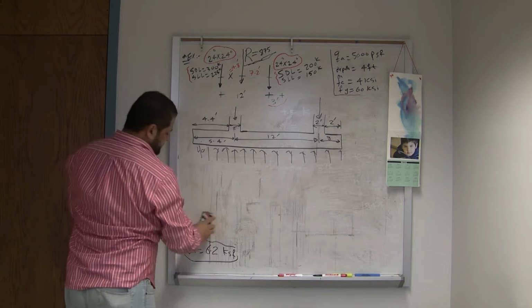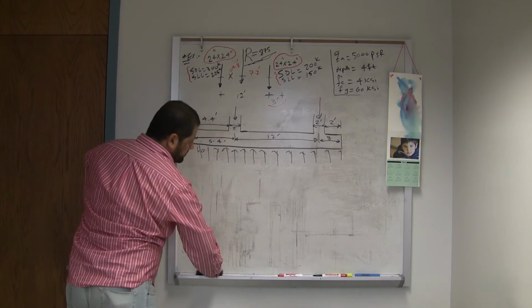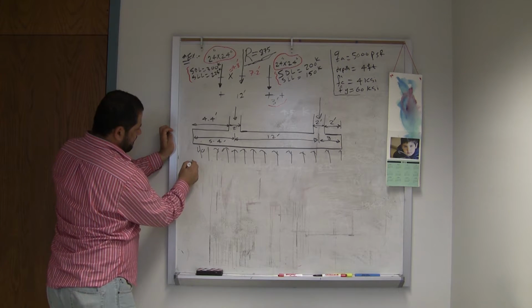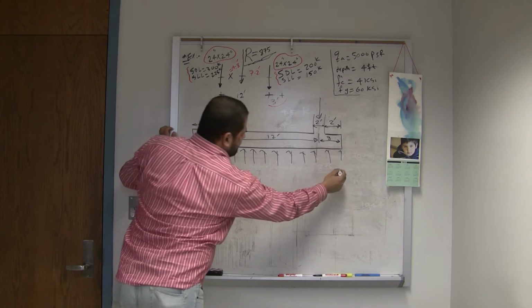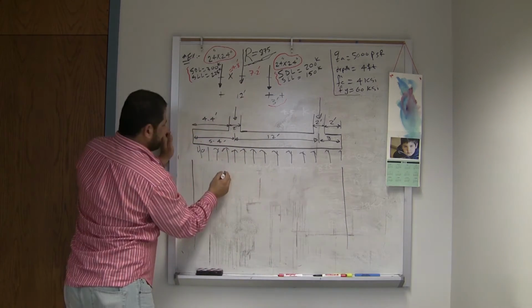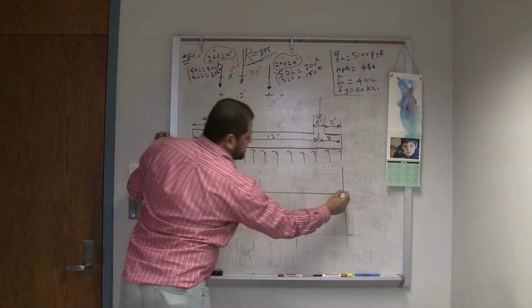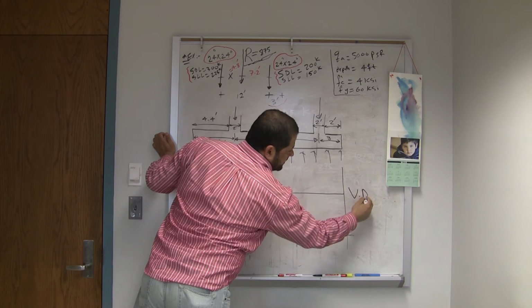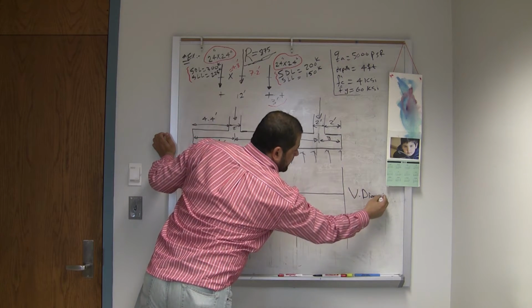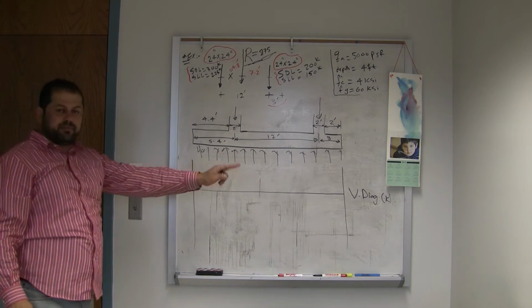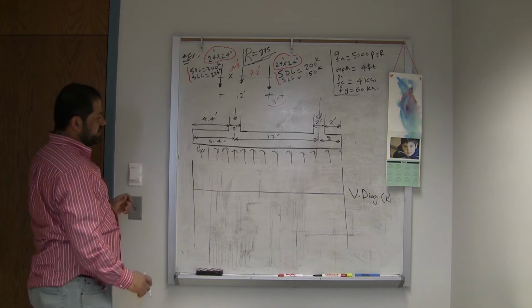Let's do it. So this is the shear V diagram, and this is in kip. The shear is in kip, the moment will be in kip-foot.